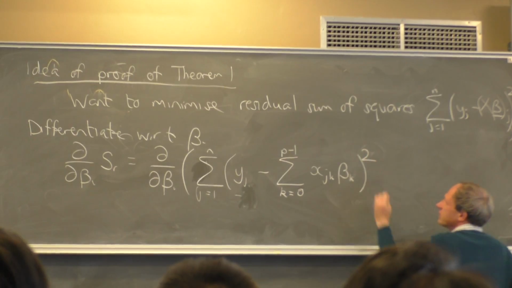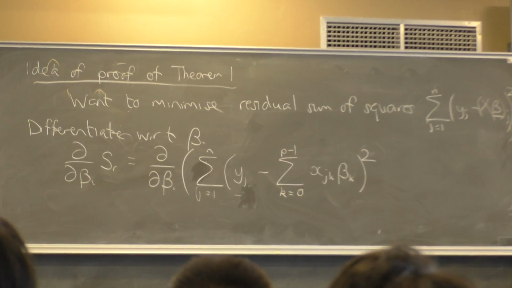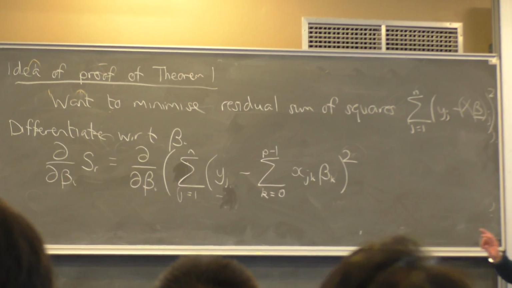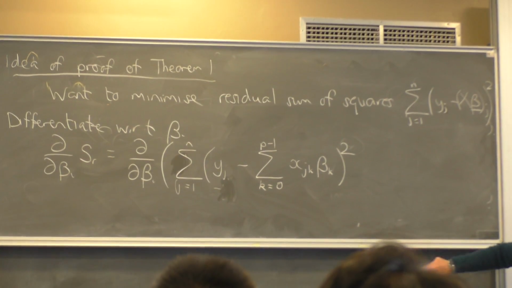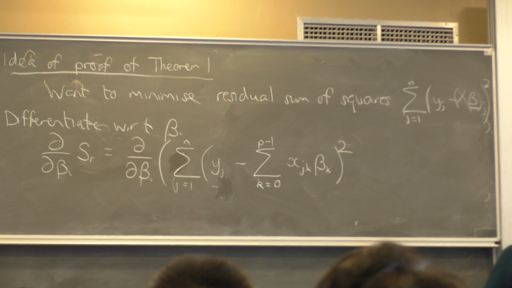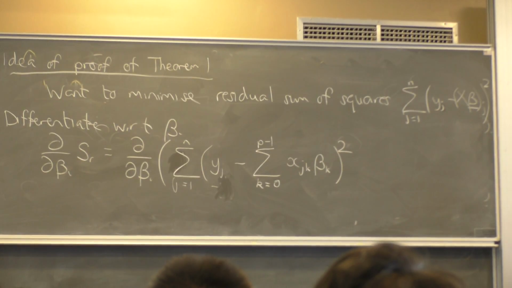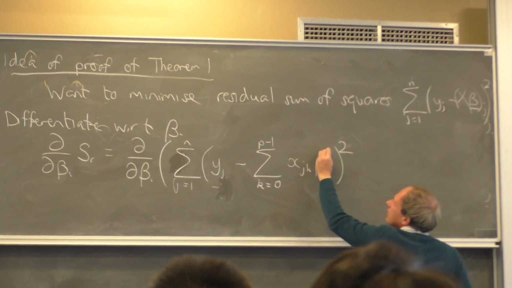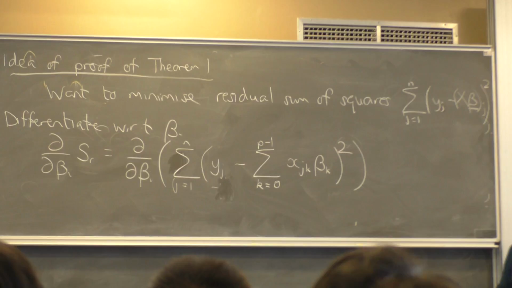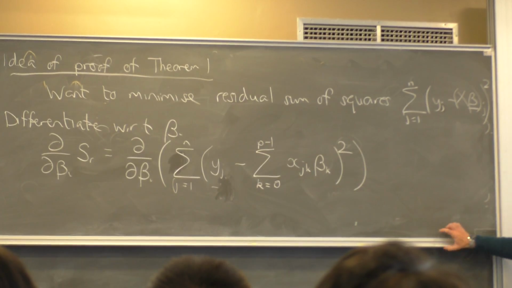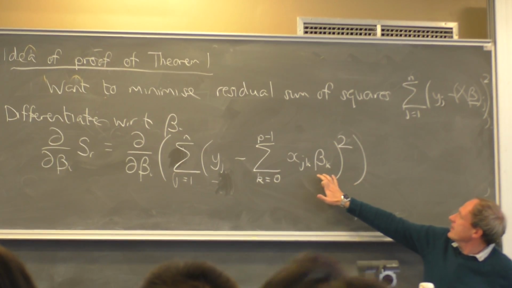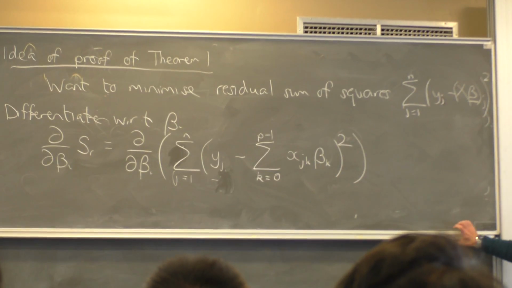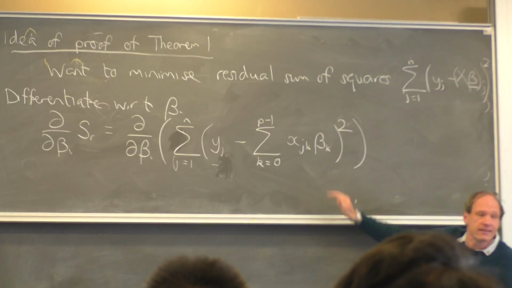Okay, and we need to square that. Now, we want to differentiate that with respect to beta i. The only case where beta i is going to come in here is in the case of the sum where k is equal to i.